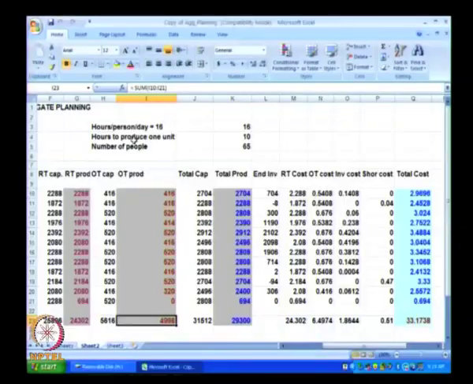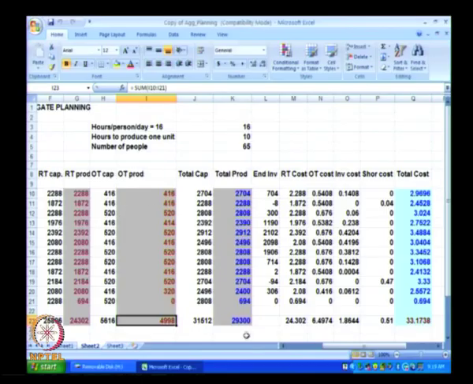Next question that we have to answer is, are regular time production and overtime production the only two means of production, or can we have other means of production? For example, can we consider outsourcing as a means of meeting the demand? The other question is, do we have only these 4 costs or are there other costs?